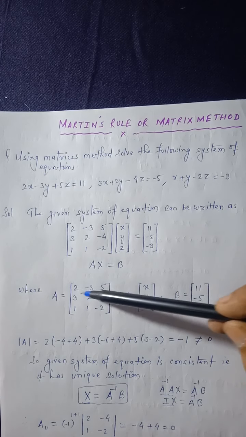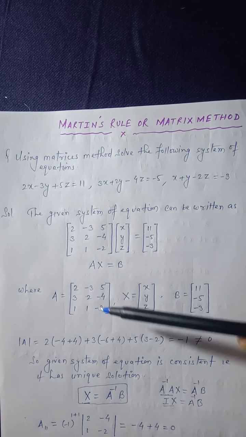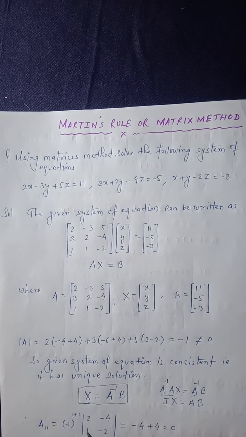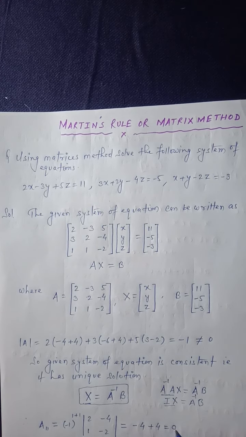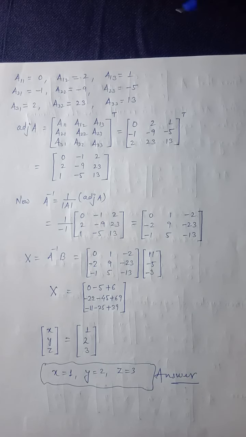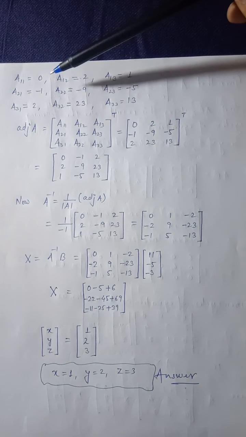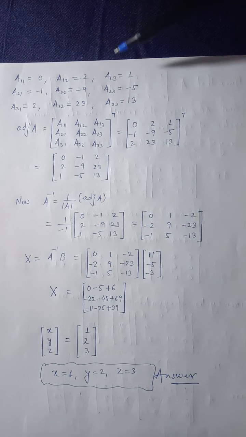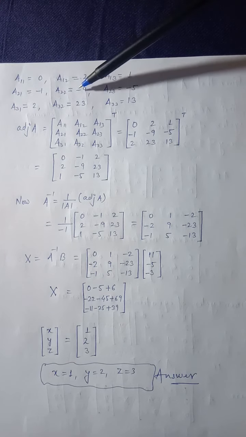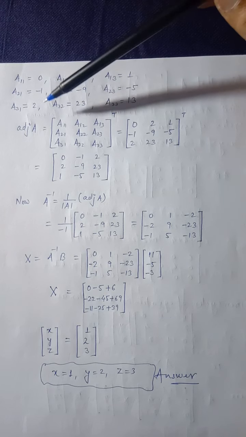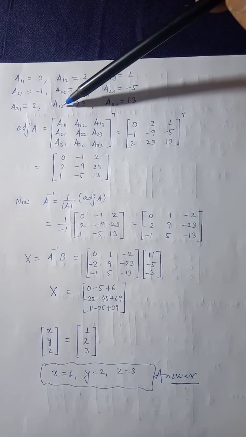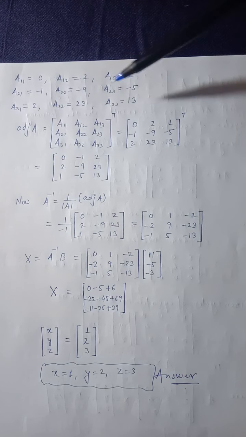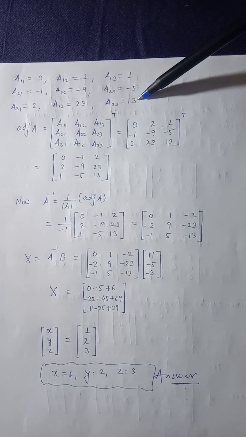So delete this row and delete this column, you will get 2 minus 4, 1 minus 2, and the formula says minus 1 to the power 1 plus 1, which is 0. Similarly, other cofactors can be calculated like A12, A13 by using the same procedure. This is A21, A22, A23, finally A31, A32, which is 23, and A33 is 13.